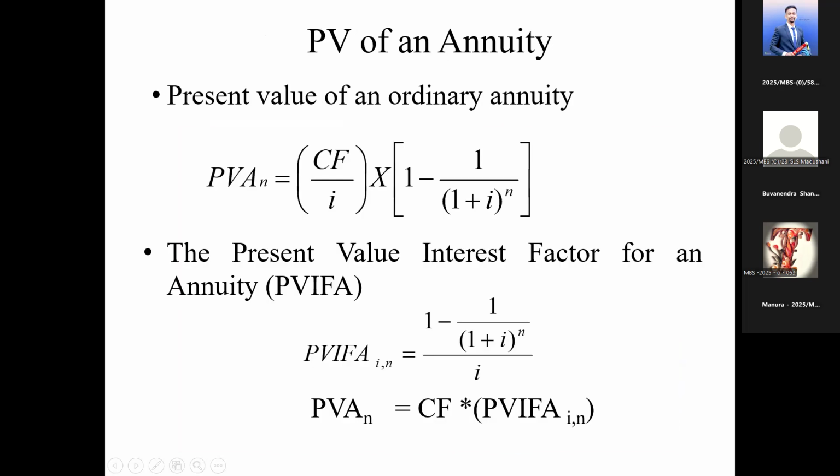Now we move on to annuity. Annuity is also the same. There are periodic cash flows for a specific time period. This present value of ordinary annuity concept is mainly applied because in most companies, payments always occur at the end of the year, and they may be connected with these periodic cash flows. So its application is there.